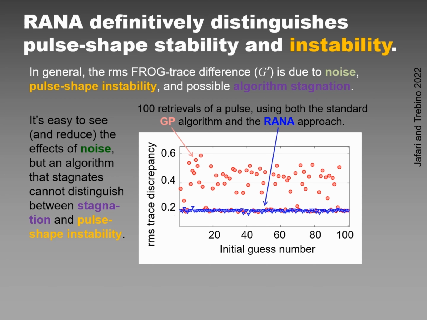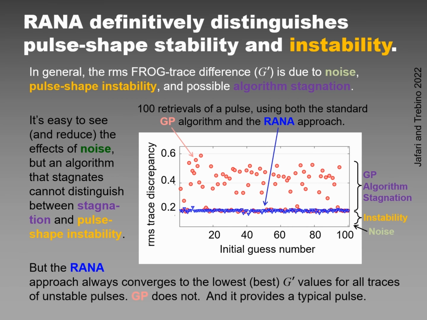The most reliable standard GP algorithm available often yields large discrepancies, shown in red. In other words, its large trace discrepancies from many initial guesses are due to algorithm stagnation, not just pulse train instability. The RANA approach, on the other hand, always converges to the smallest achievable G' value, shown in blue, of about 0.2 in this case.